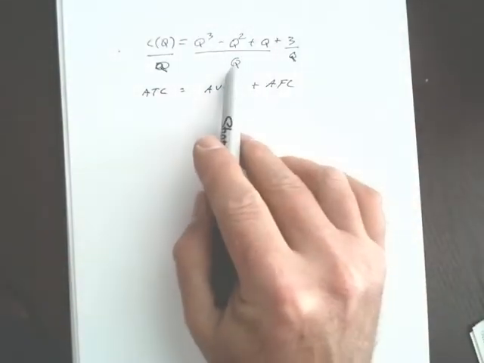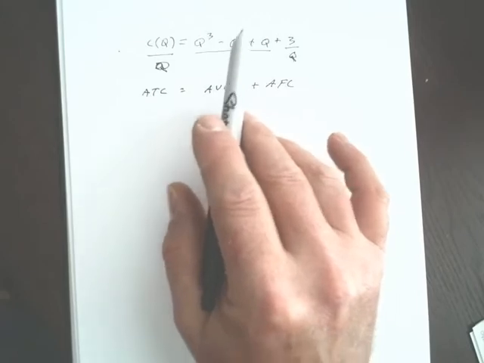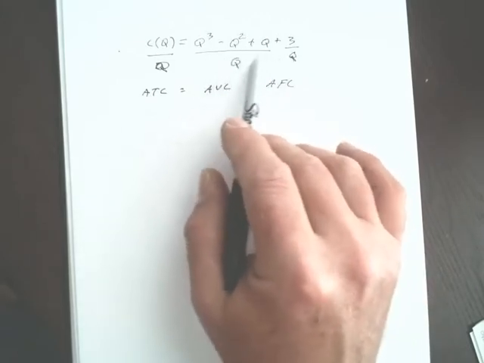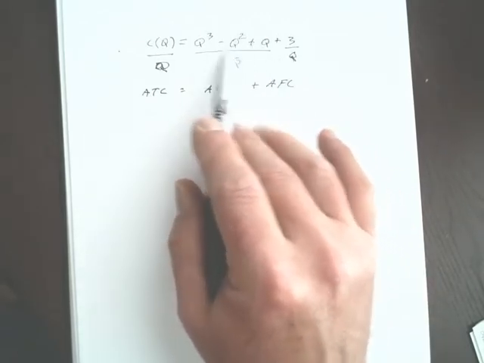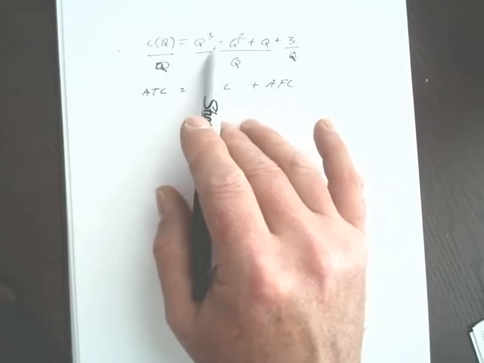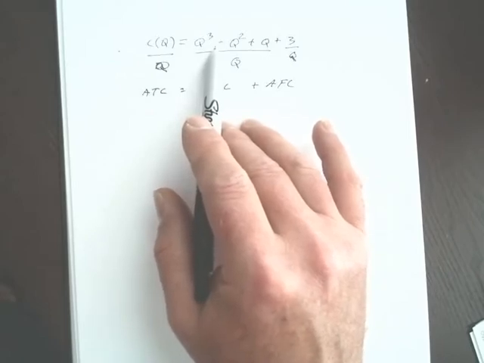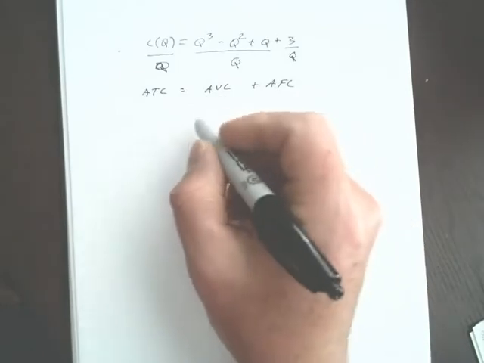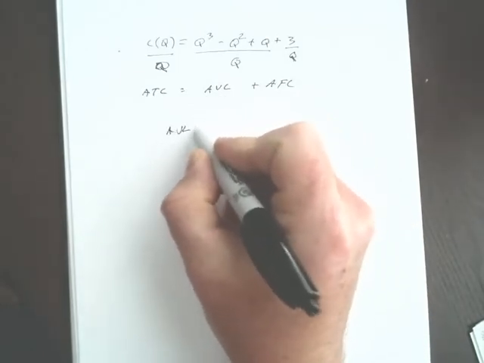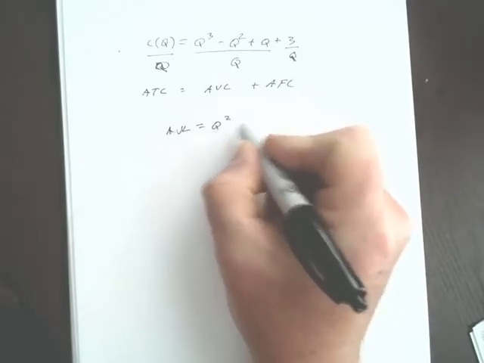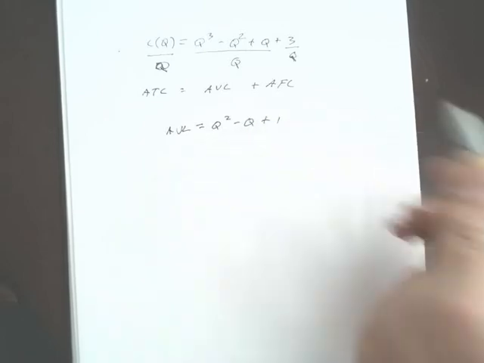What's interesting here is that the average variable cost in particular would now become quadratic. So in this case, the average variable cost would equal Q squared minus Q plus 1. Now that's quadratic.